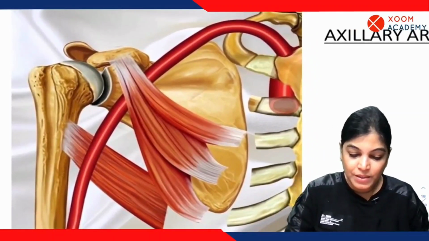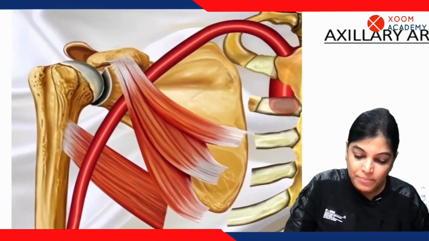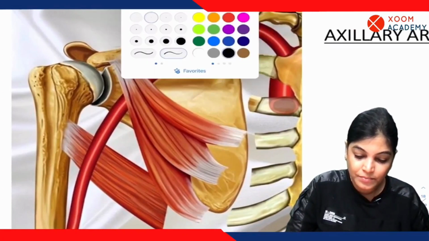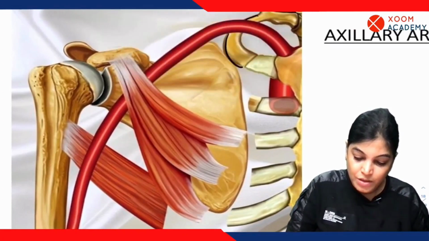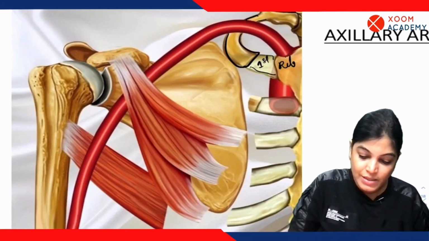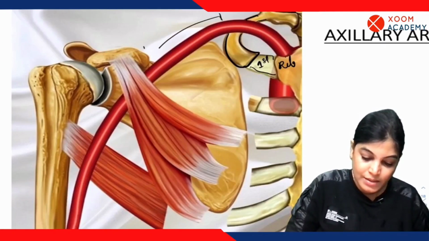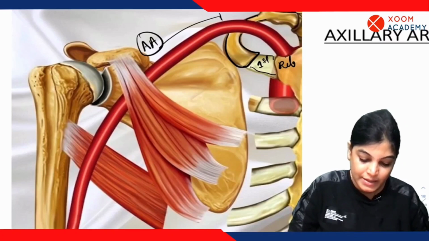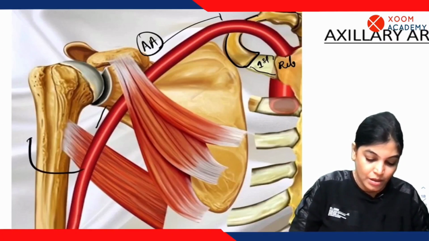Now, everyone here can clearly appreciate that this is the first rib. This is the outer border of the first rib. So if this is the first rib, from here the axillary artery is extending. This is AA, meaning axillary artery, and it is extending till the level of lower border of the muscle.